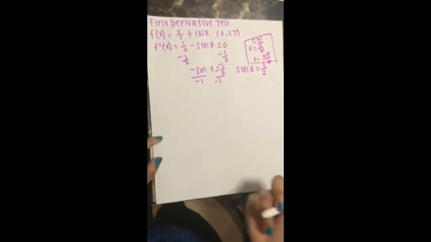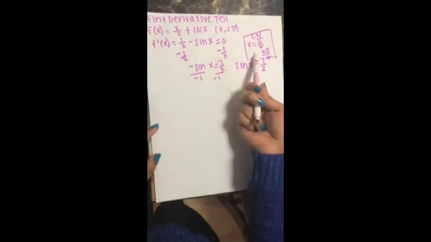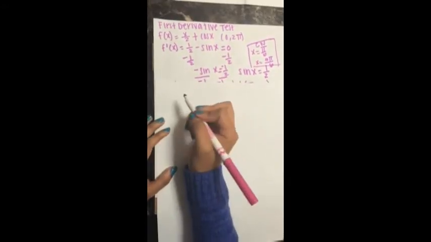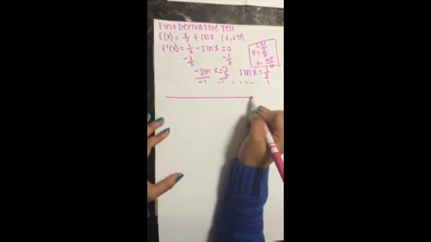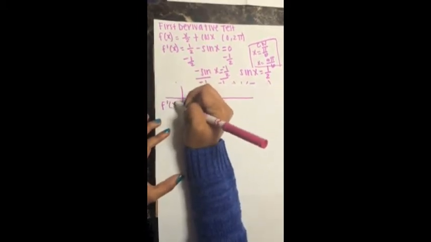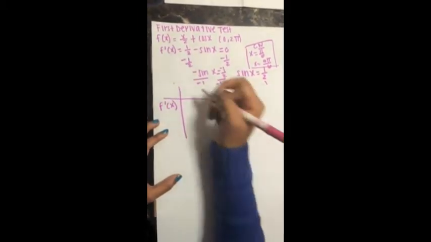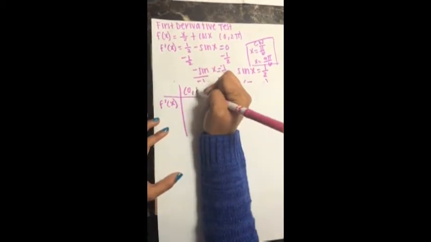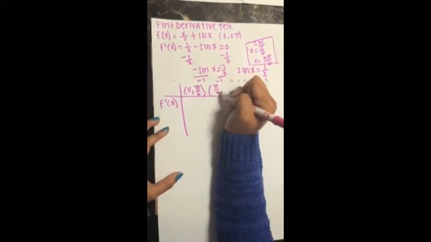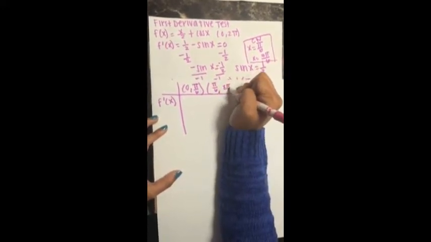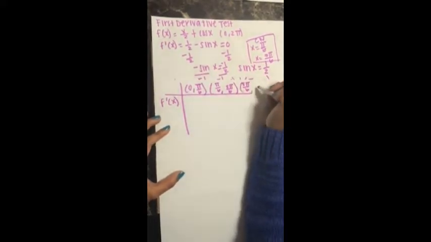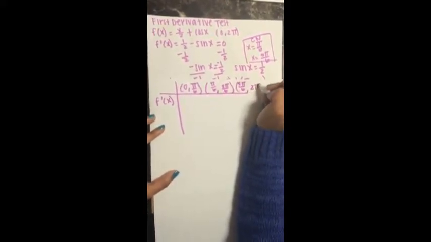So now we have to build a chart using these values within our interval. So we're going to plug into our first derivative. And we're going to use the interval 0 to pi over 6, pi over 6 to 5 pi over 6, 5 pi over 6 to 2 pi.